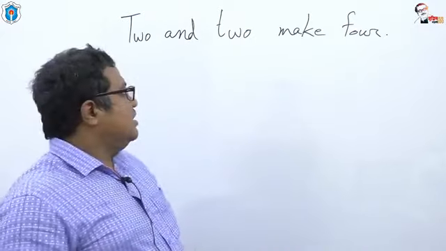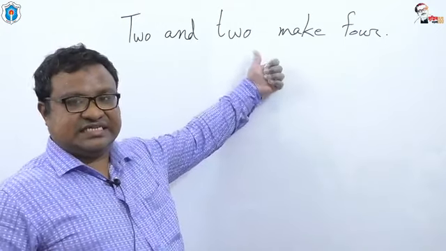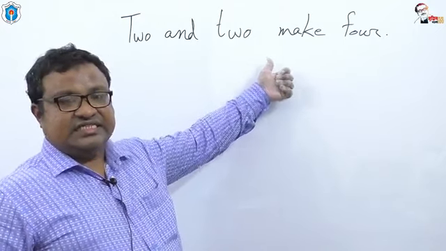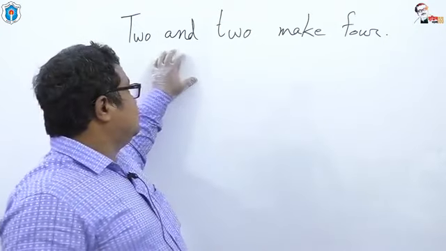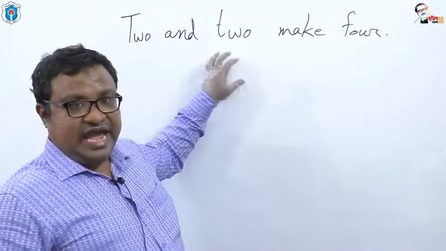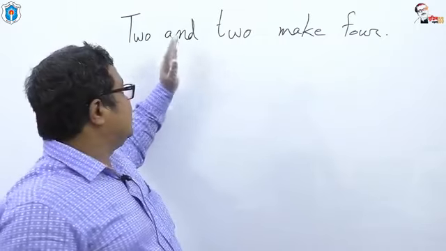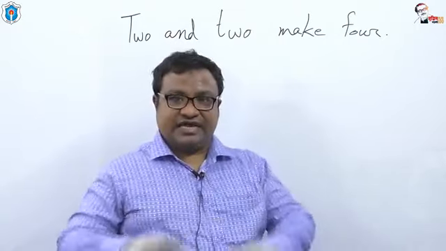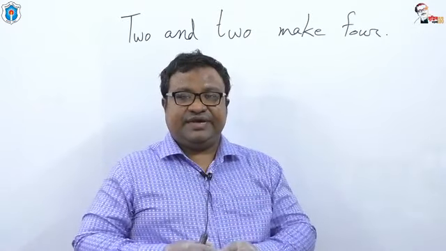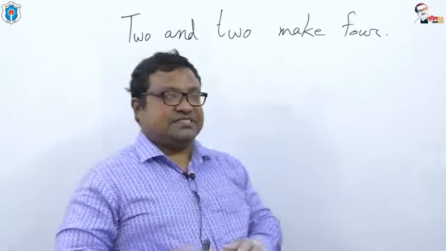But here I am saying that this sentence is incorrect. Why? Because when two or more subjects are added by the conjunction and, they act like a single unit, ultimately it becomes singular.